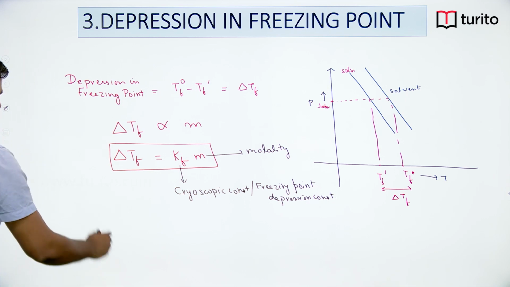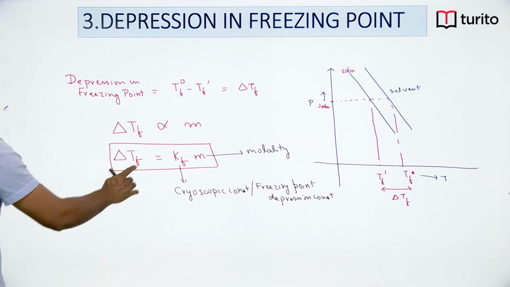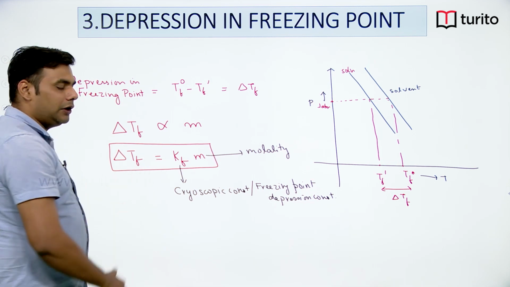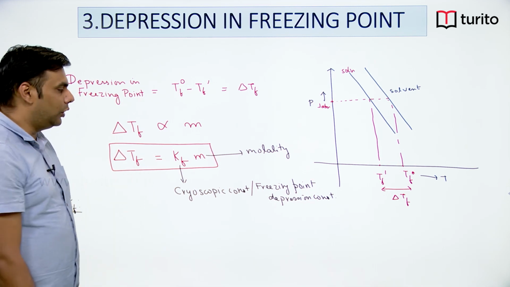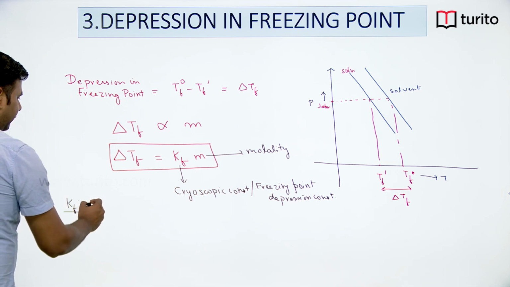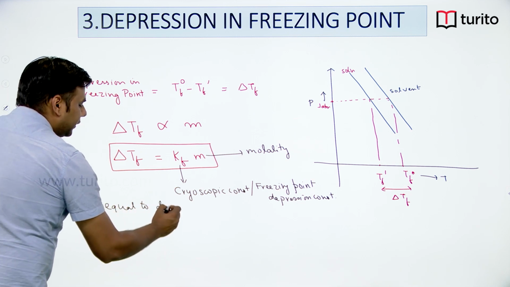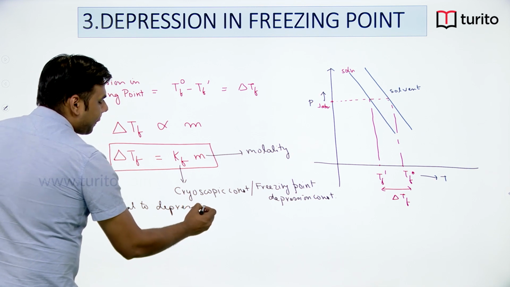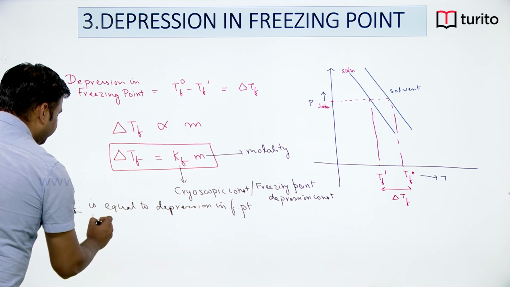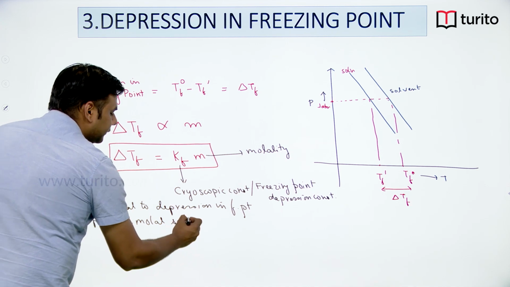So if you look at the definition of Kf, we will say that when the molality is 1, the depression in freezing point is equal to the molal depression constant. So we will say that Kf is equal to the depression in freezing point for a 1 molal solution.